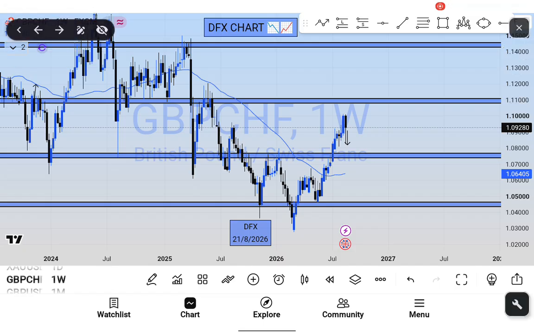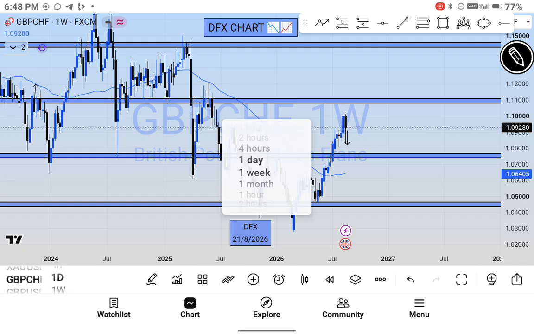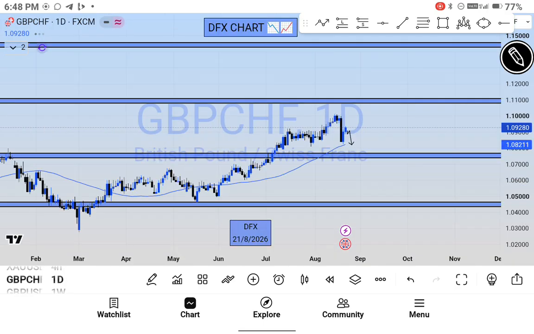We have the price break above this key level here. So where are we heading to? We should be heading to this point, right? So on the weekly time frame it is still looking bullish, right?